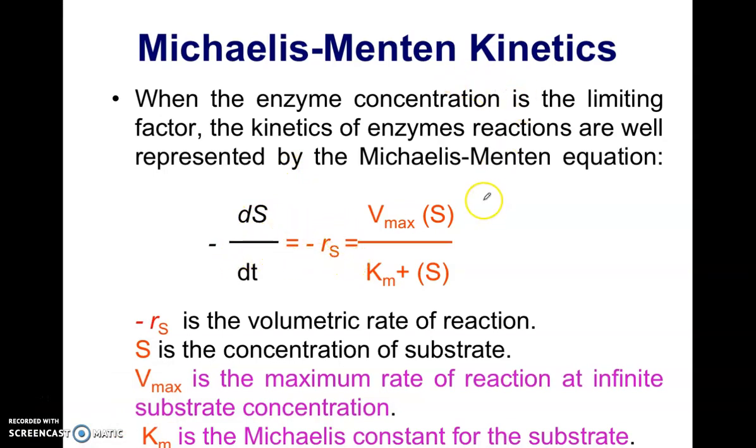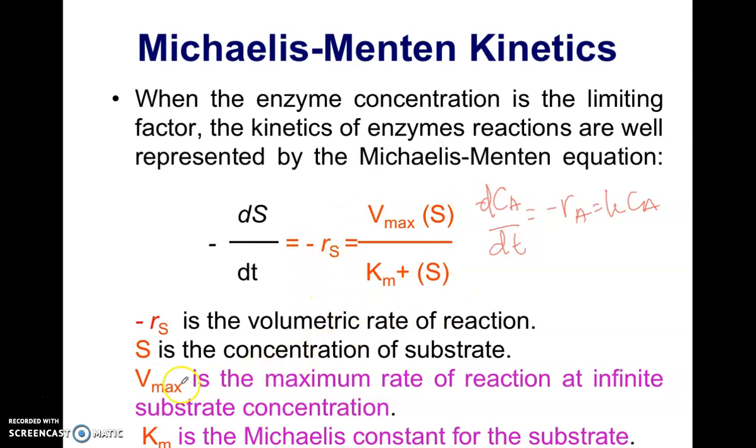Last time we have learned, remember, dCA over dt equals negative rA equals kCA. Similarly, this is the change of your substrate, and this is your reaction rate due to the enzymatic reaction. So this is the Michaelis-Menten equation.